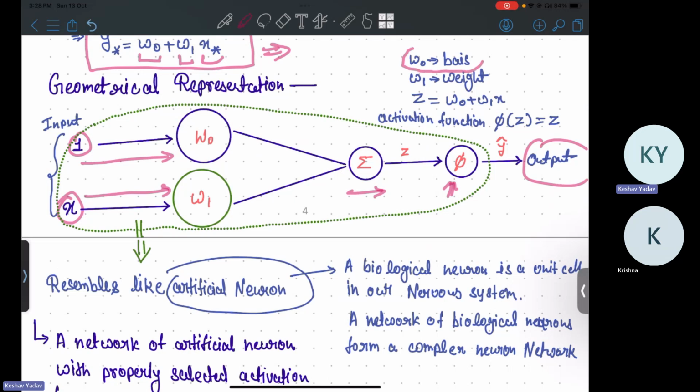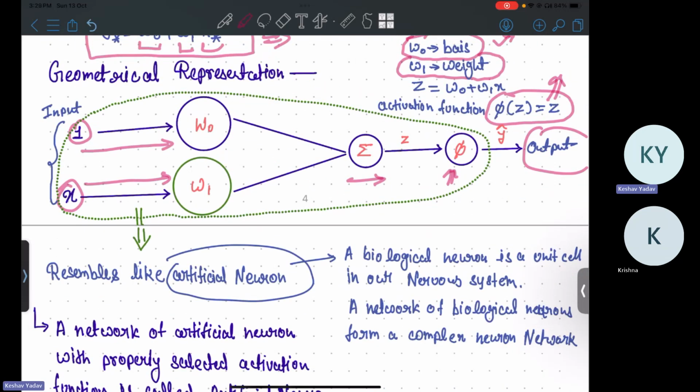So W0 is called the bias, which is multiplied with the constant 1, and W1 is called the weight, which is multiplied with the input x. Phi is the activation function. In this case, phi of z is z only.